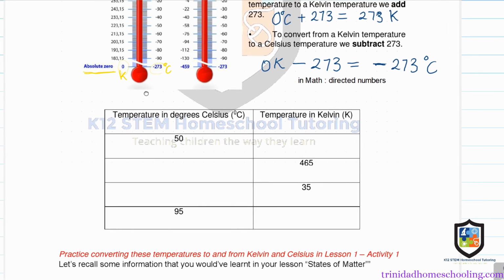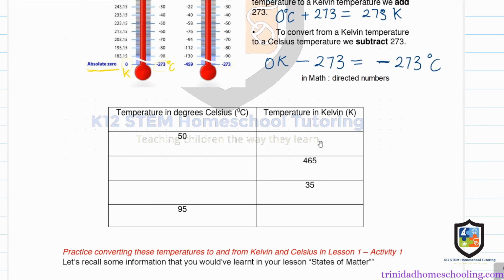Now let's convert some of these temperatures here into Kelvin and from Kelvin into degrees Celsius. To change 50 degrees Celsius to kelvins, we add 273. And this will give me 323. Now I don't need to write kelvins here again because our table has the units up here. Okay?